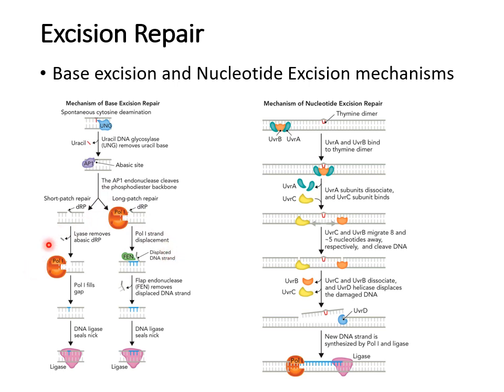The short patch pathway basically removes only one nucleotide, whereas the long patch will remove up to 10 nucleotides. And basically, what you have here gets initiated by spontaneous cytosine deamination. So that'll be the initiation signal to have either one of these pathways initiated.